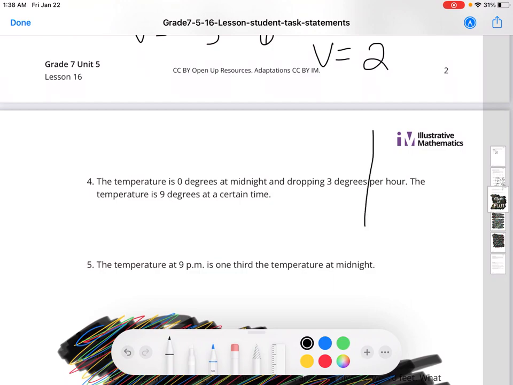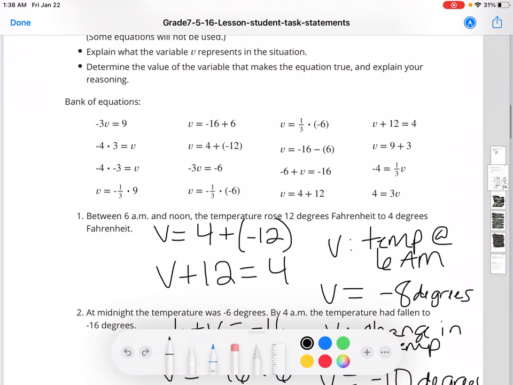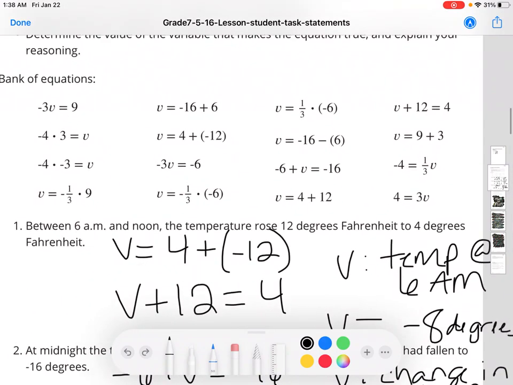I'm going to scroll back up so you can see the equations. And I'll read it to you again. So 4 says the temperature is 0 degrees at midnight and dropping 3 degrees per hour. So the temperature is 9 degrees at a certain time.